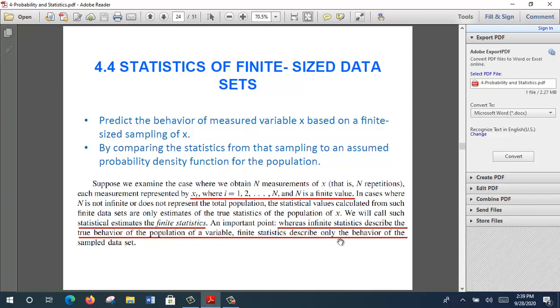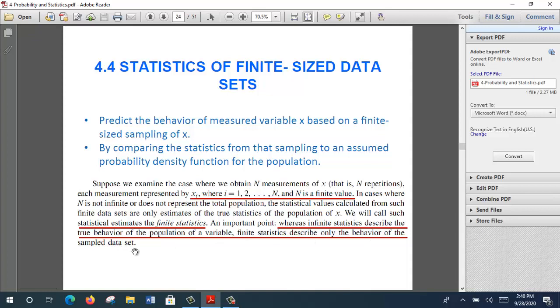In the case where n is not infinite or does not represent the total population, the statistical values calculated from such a finite data set are only an estimate of the true statistic of the population of x. We will call such a statistical estimate the finite statistic. Whereas the infinite statistic describes the true behavior of the population of a variable, the finite statistic describes only the behavior of the sample set.